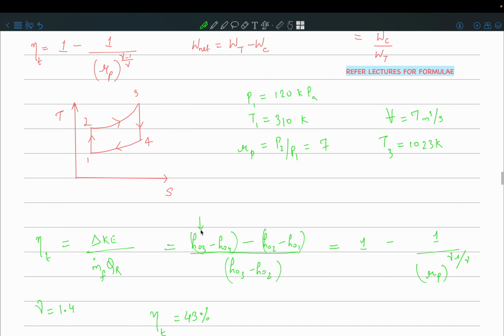These values are the ideal values, right? But when we are calculating thermal efficiency for the next question, we have to use the real values. Then this derivation will not work. This formula cannot be used for the next question. In this question, everything is assumed to be ideal. There is no component wise efficiency that is given. So you can use this formula. Okay.